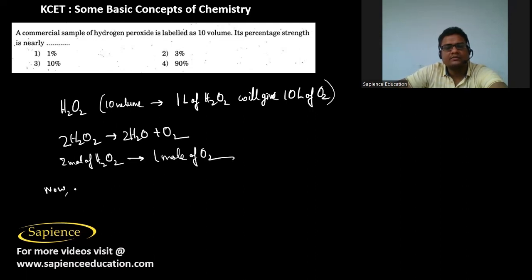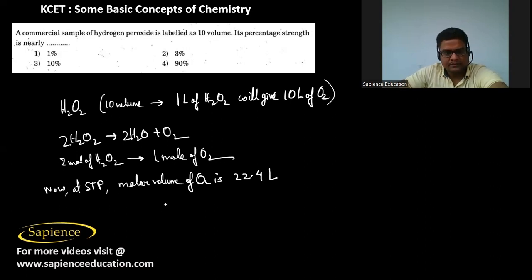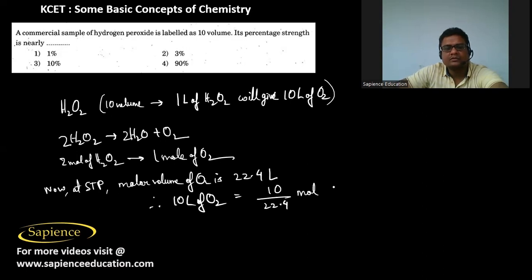Now at STP, the molar volume of oxygen is 22.4 liters. Therefore, 10 liter of O2 means we have 10 by 22.4 moles of O2.